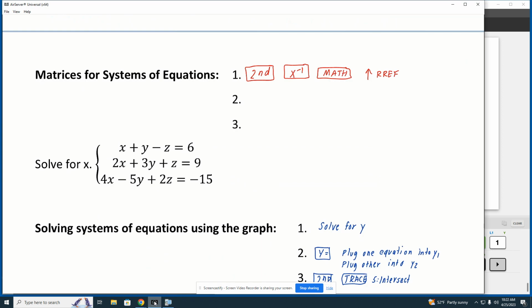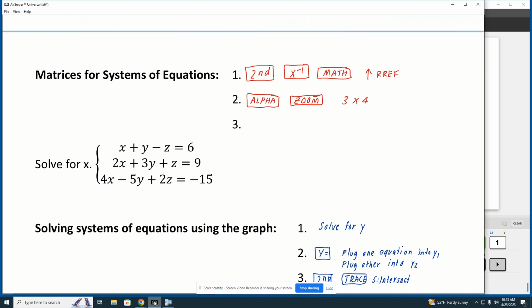Okay, number 2. We're going to do alpha, zoom. Because this is a 3-variable problem, we're going to do a 3 by 4. What if it were 2-variable? 2 by 3.